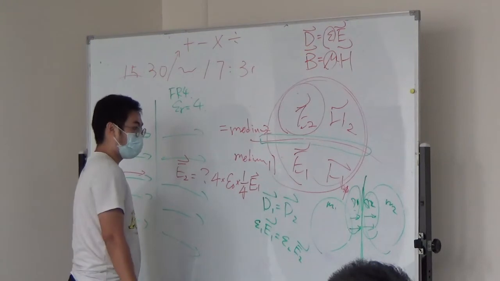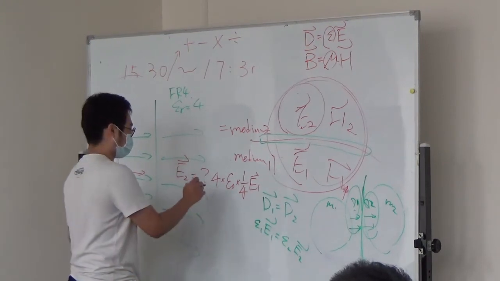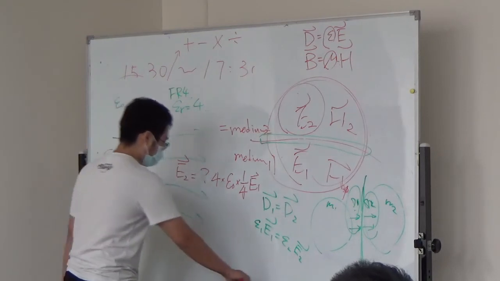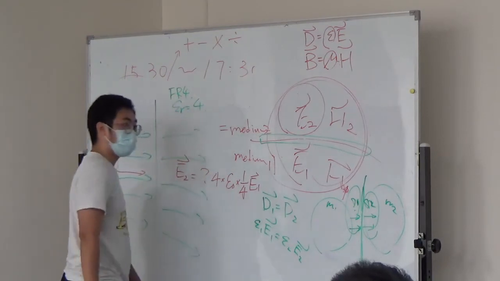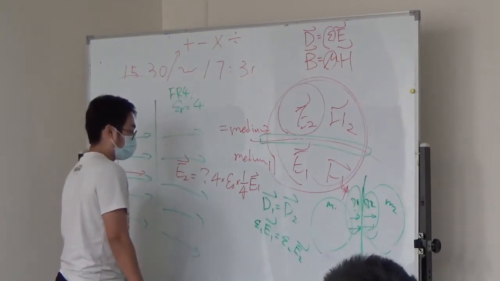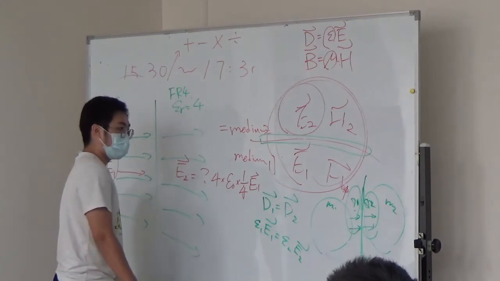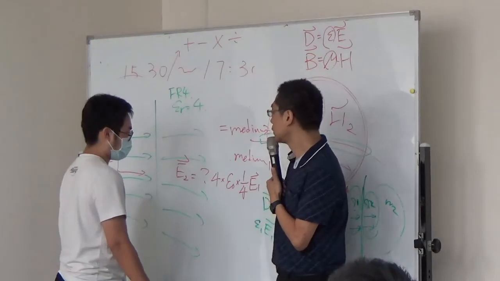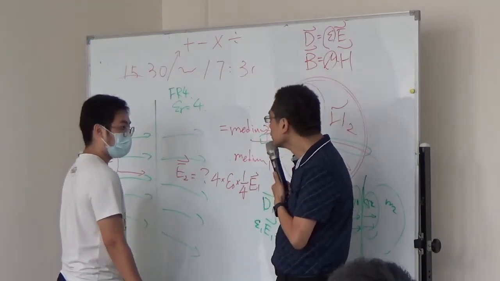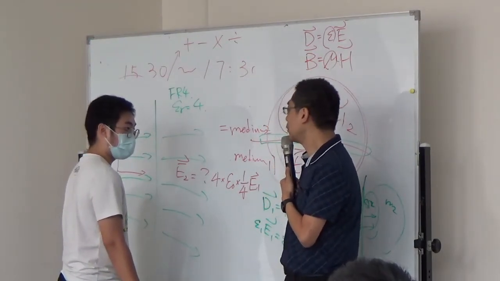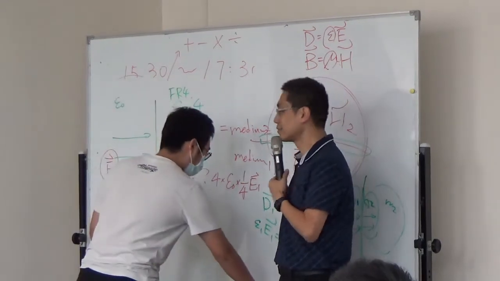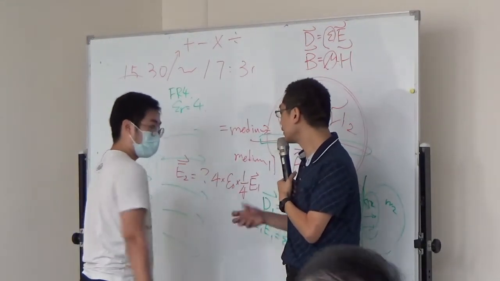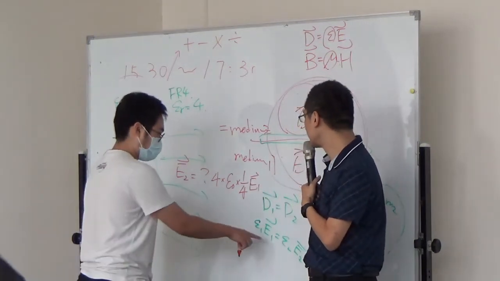So what is the answer of the E2? You need to make the equation, not just write down the result. Is this a result? Close, but I will give you some break points. I'll give you 2 break points, but the answer, you need to think about it.